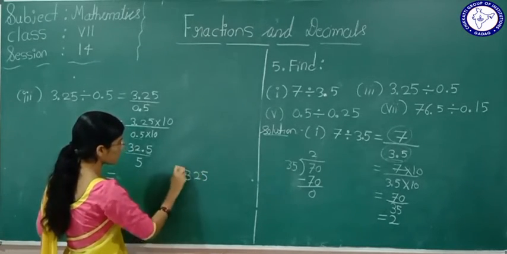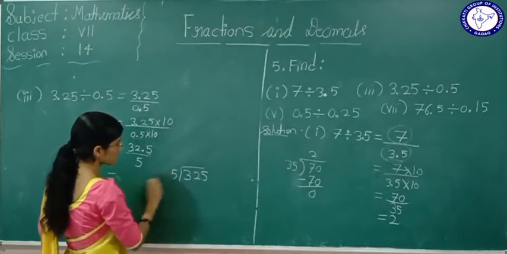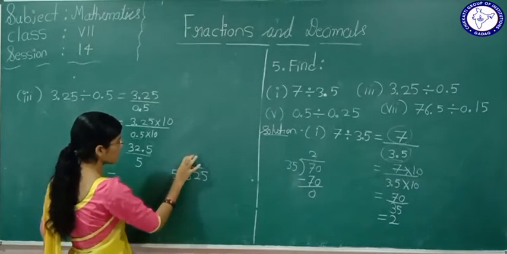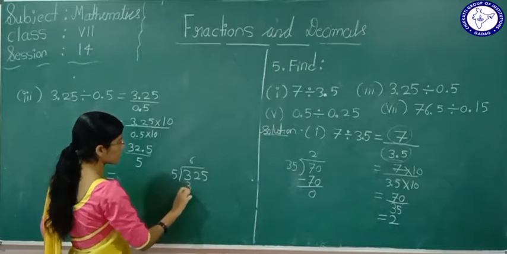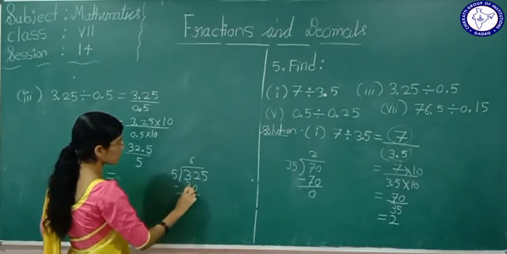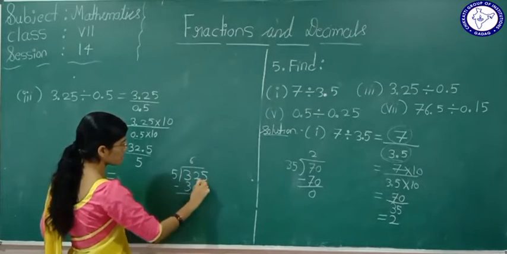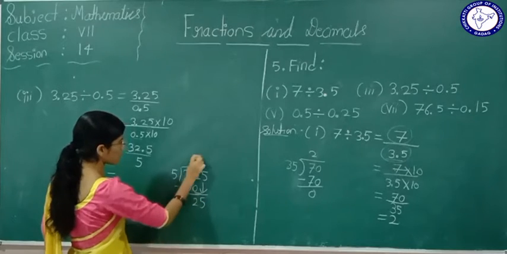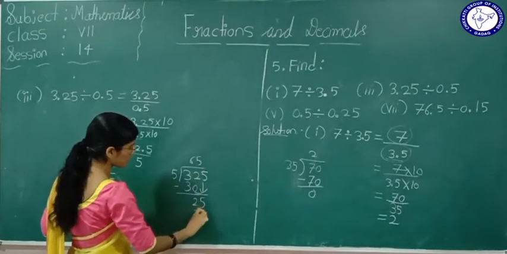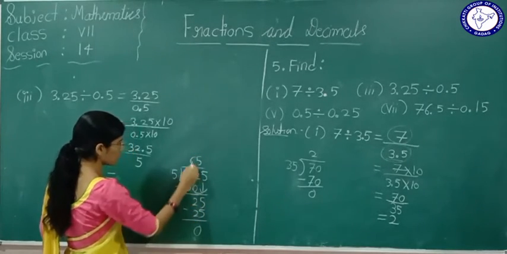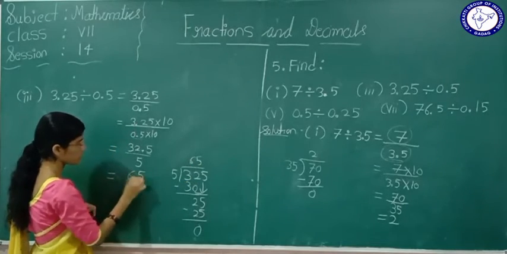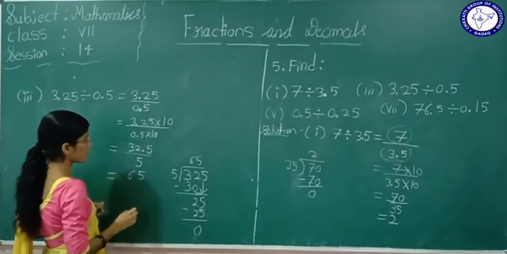Do 325 divided by 5. 5 6s are 30. 32 minus 30 is 2. Here 5 will come. 5 5s are 25. 25 minus 25 is 0. What we got? 65.